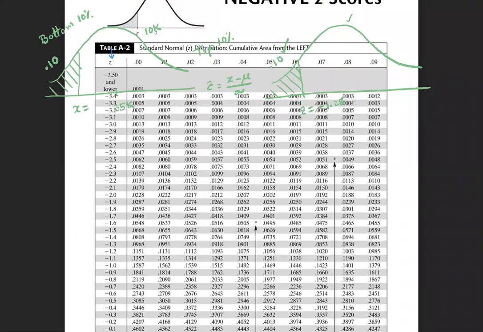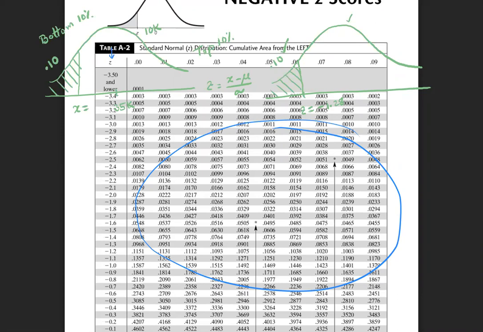So we should not be looking at the first column and the top row, because we don't know what the z-value is. Rather, we should be looking at the body of the table, and finding the area closest to 0.10.